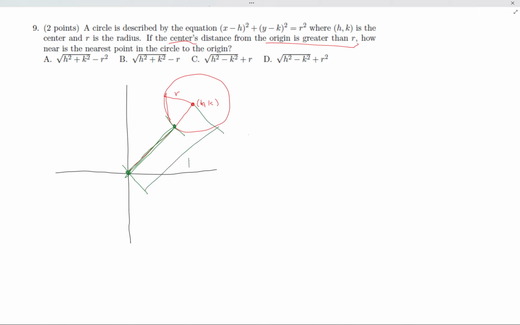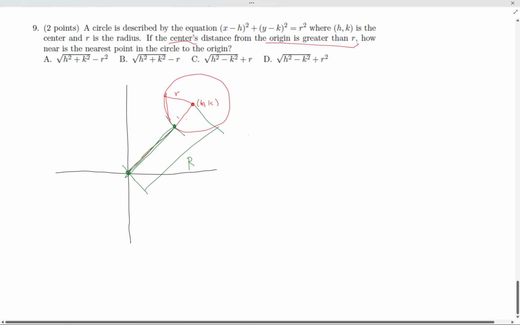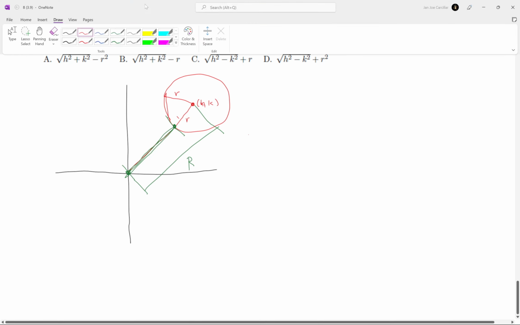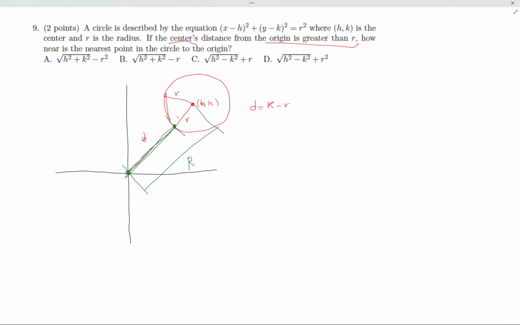Let's call that big R, and subtract the radius here. Notice this is just still the radius. This is still r, and let's call this D, the distance that we want. It's just given by big R minus small r. Now, what is big R? In this case, big R is just the distance from (h, k) to the origin.